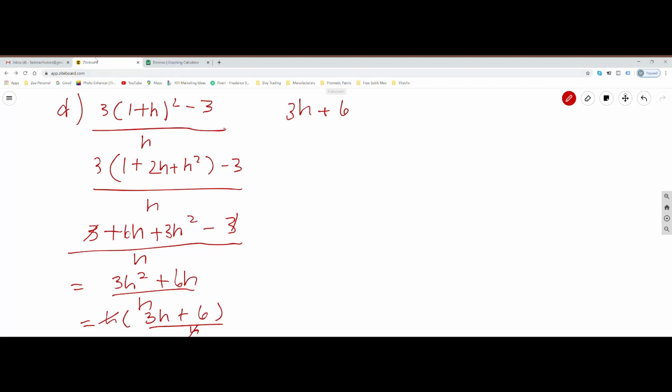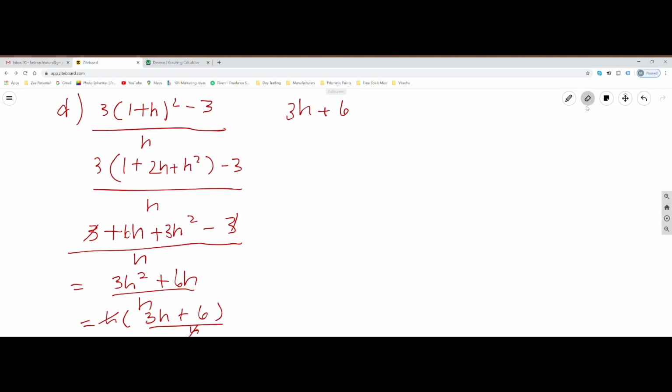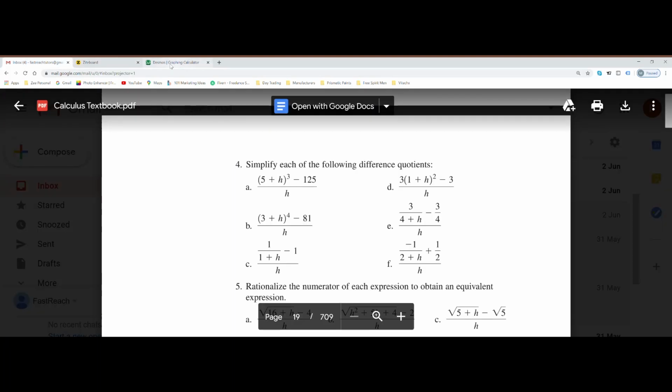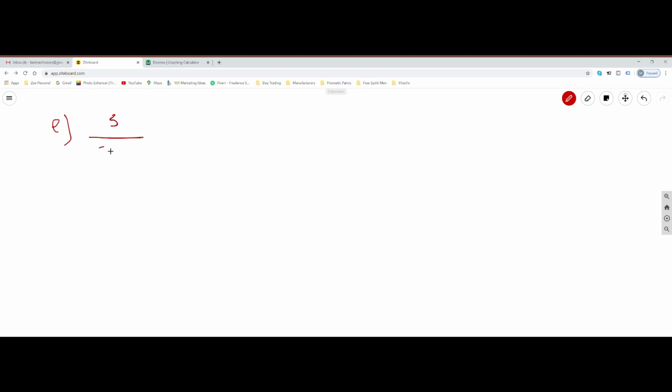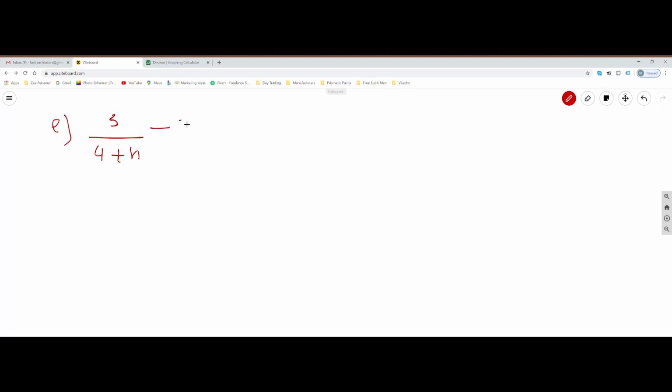So the next question, which is E. Since the denominators are different, we want to make them the same.